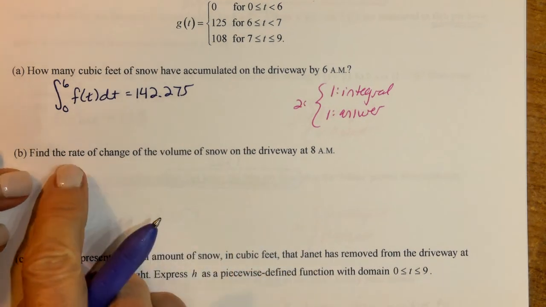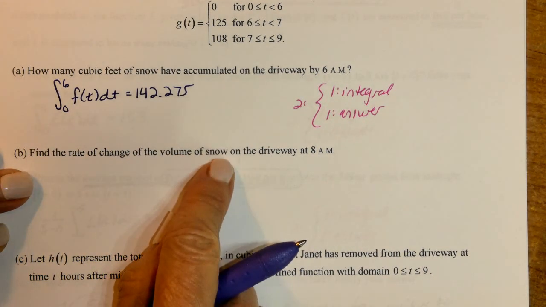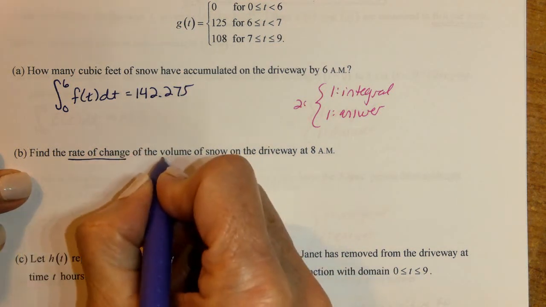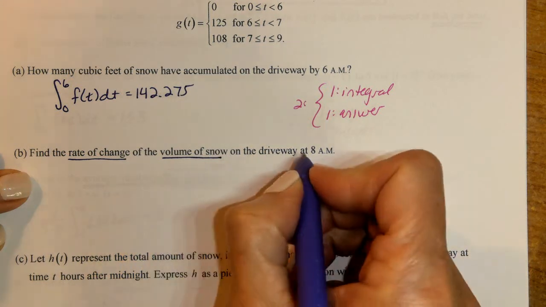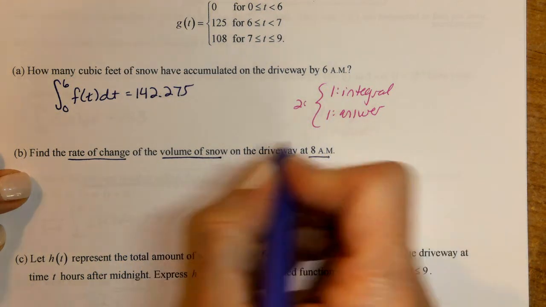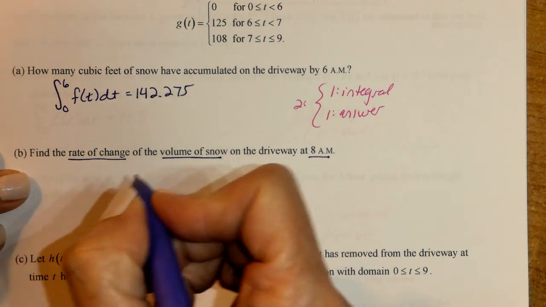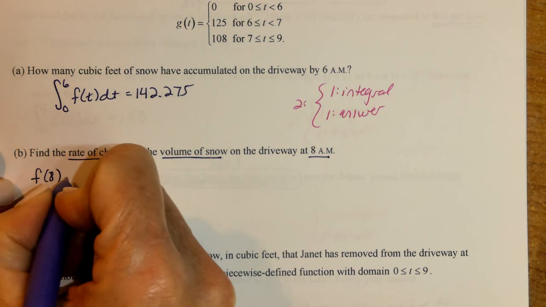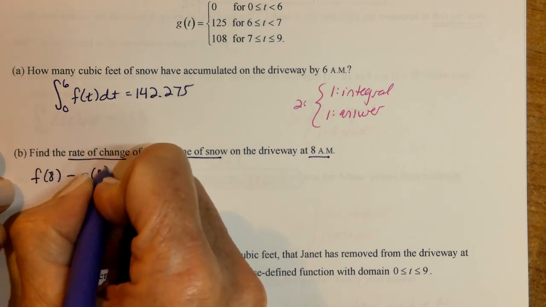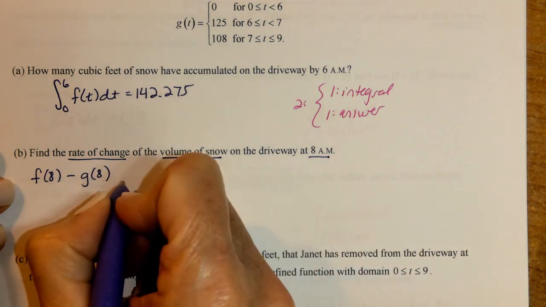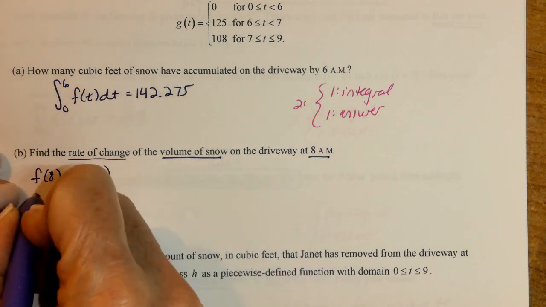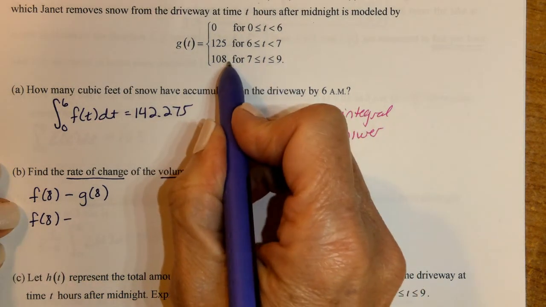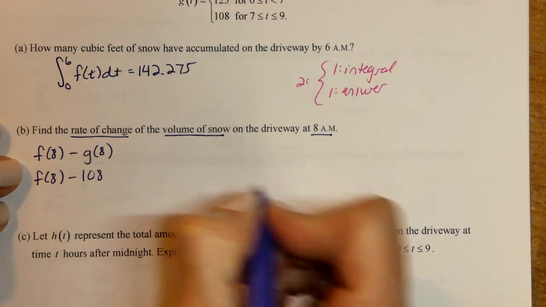All right. Part B. Find the rate of change of the volume of snow on the driveway at 8 a.m. The rate of change of the amount of snow at 8 a.m. So that's going to be my rate in minus my rate out. So F at 8 minus G at 8, right? Well, F of 8 I can use my calculator for. G of 8, at 8 we're at 108 cubic feet per hour.